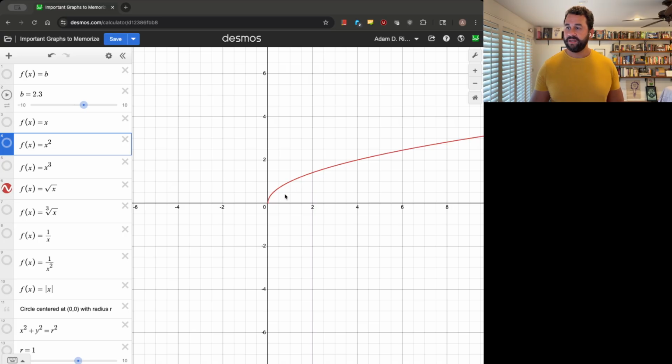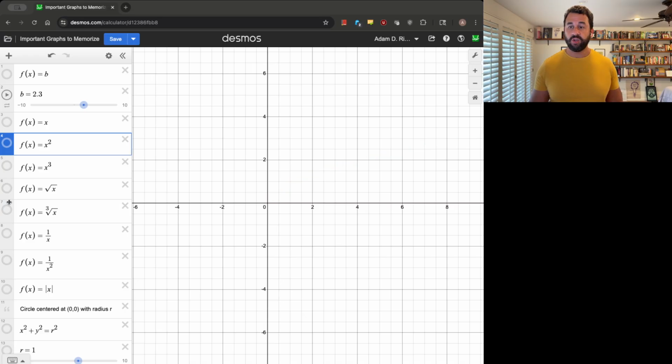This is kind of like the graph of x equals y squared that we saw, but it's just the top part, right? So this is the square root function, and we're going to see this one a lot. We saw it briefly in the previous section when we were talking about the domain and the range of a function. This is what it looks like, square root of x, just like that. Another one you want to have memorized.